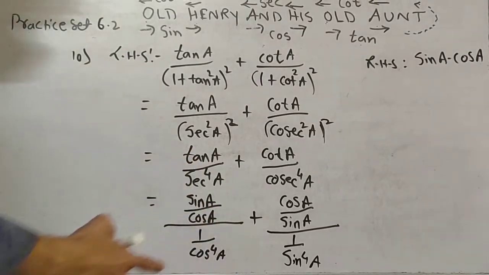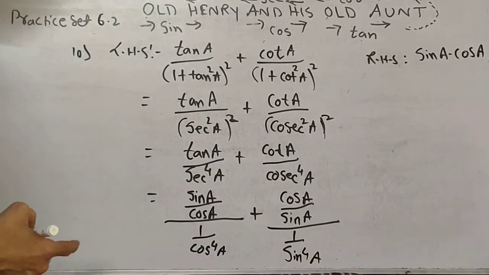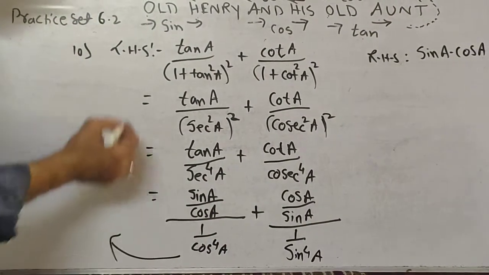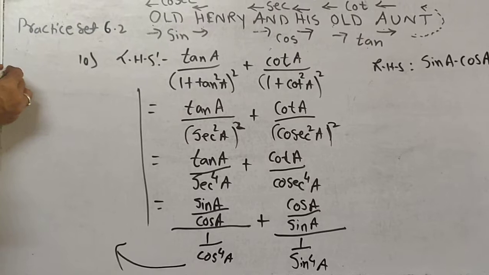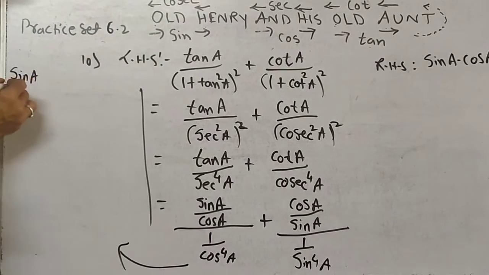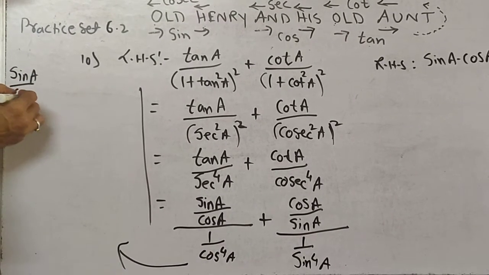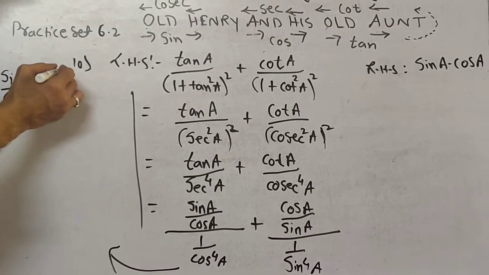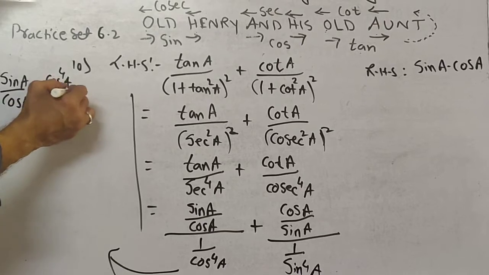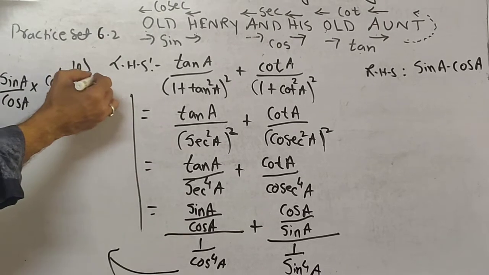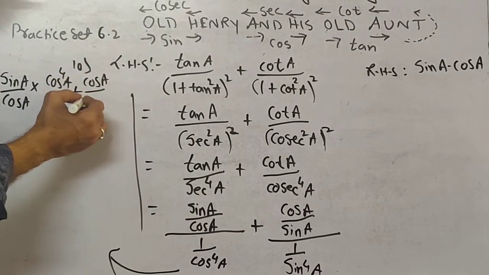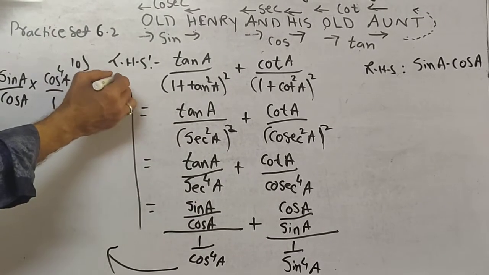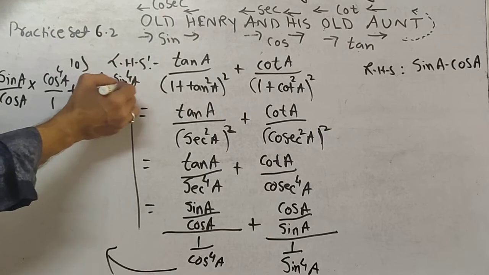Now this will be reciprocal, so you will get sin a upon cos a into cos 4a upon 1, plus cos a upon sin a into sin 4a upon 1.